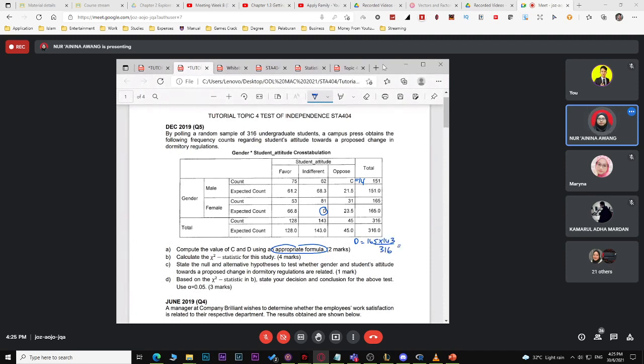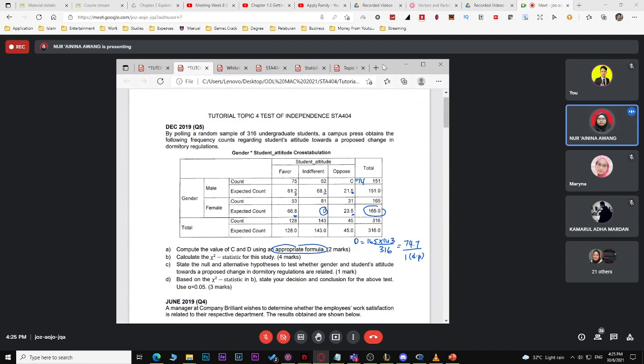And make sure your answer follows the decimal place of the others. Since here all the expected counts are in one decimal place, make sure your answer is one decimal place. So for D you will get 74.7. Okay. So if you want to check, you can add up this value with 66.8 and 23.5. But your answer may be exact or slightly off. Okay. So that is for A.